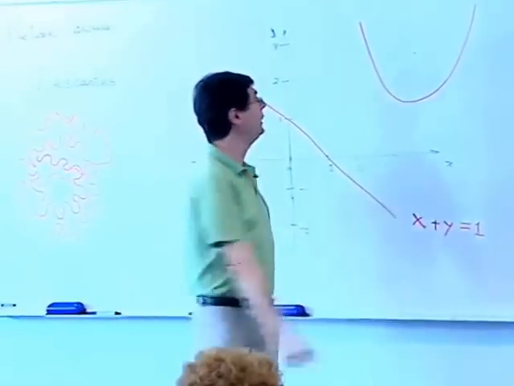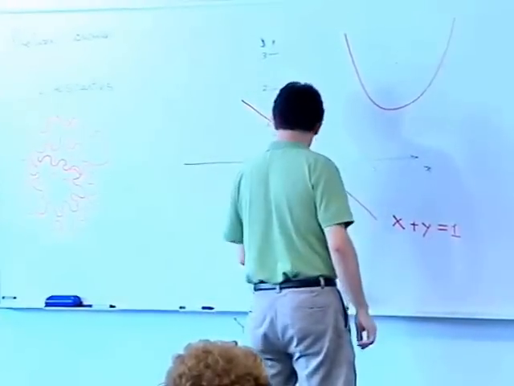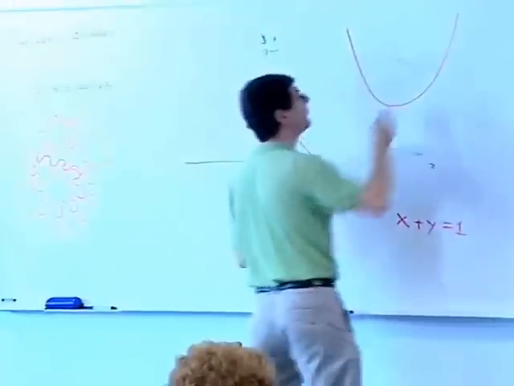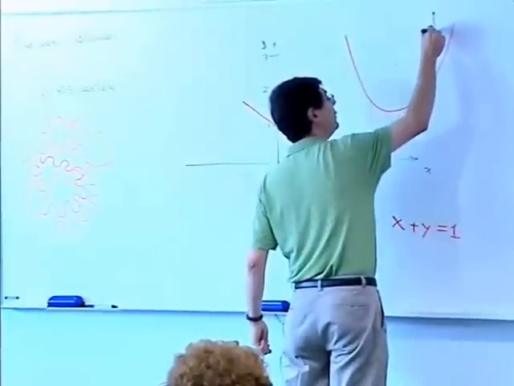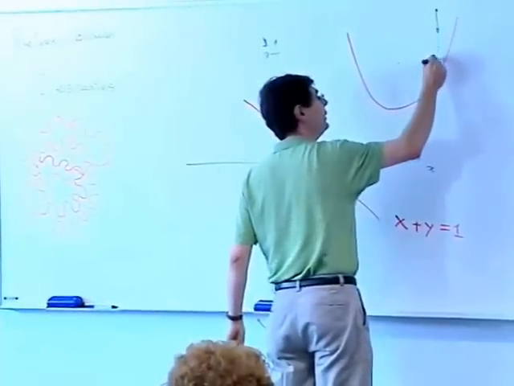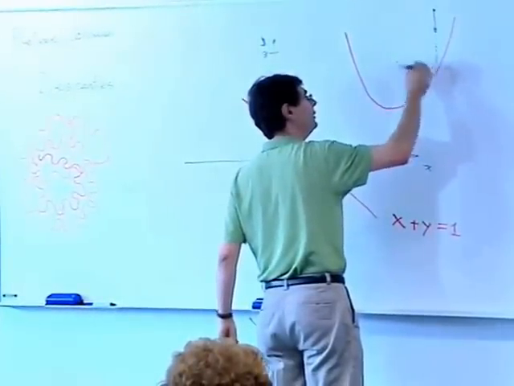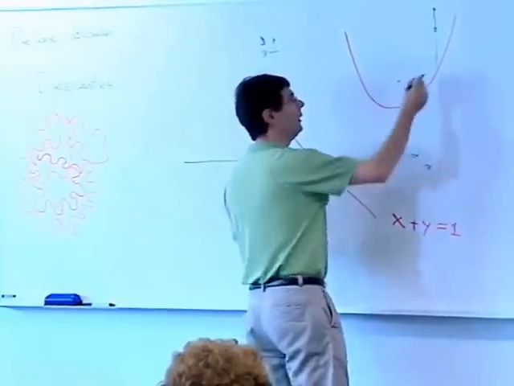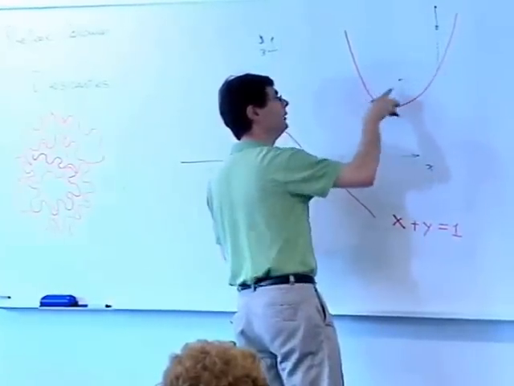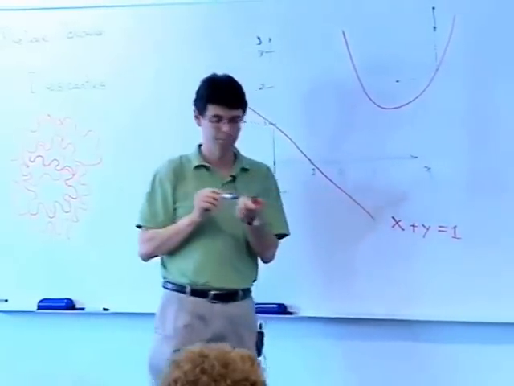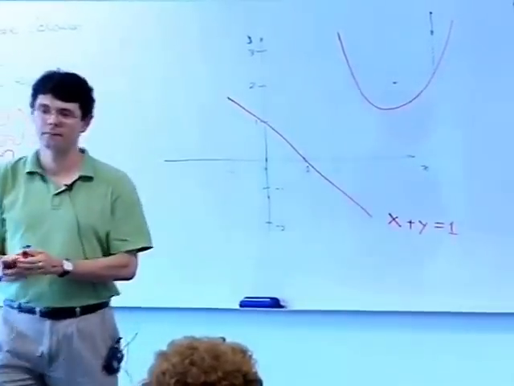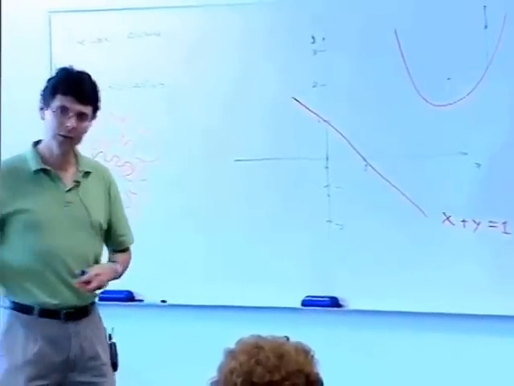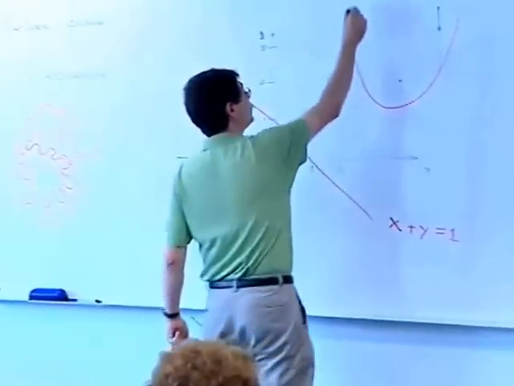If you hit the ball from here straight down, it will travel here, it will bounce, and it will go there. Or what if you take a different ball and hit it straight down?